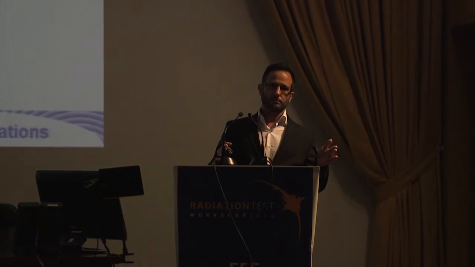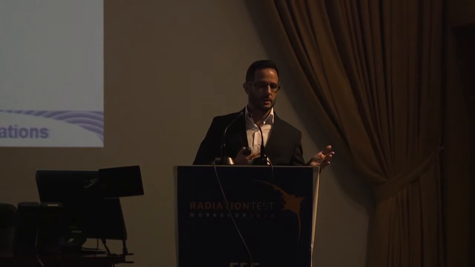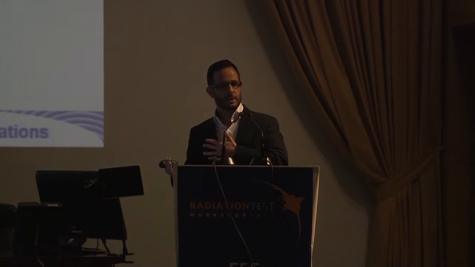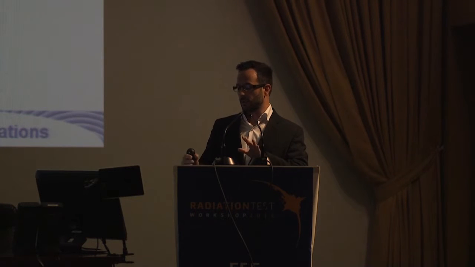As you know, space is a harsh environment with several constraints, not only radiation constraints, but also UV radiations, vibrations, temperatures, vacuum, etc. You have to test the whole satellite versus these constraints. This is why we have developed a dedicated laboratory to do that.